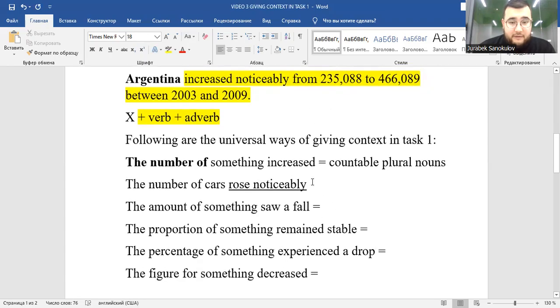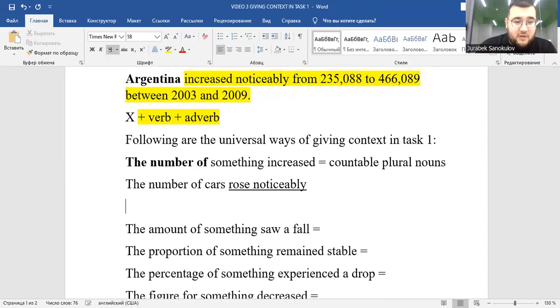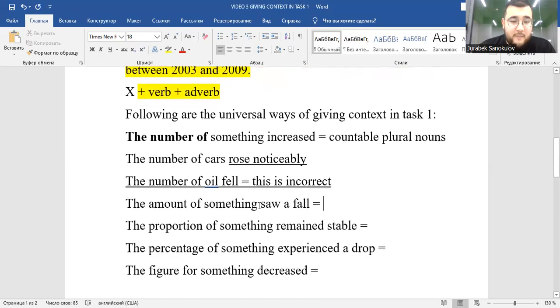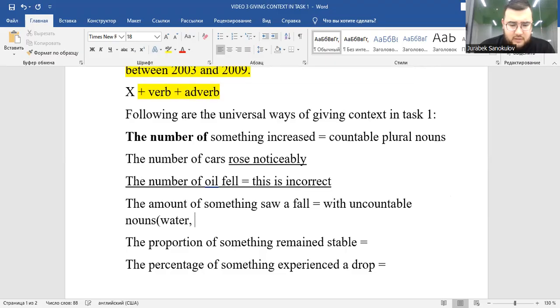So you cannot say this. Therefore, you cannot say the number of oil rose or fell. You cannot say this. This is incorrect. So you can use the amount of something with uncountable nouns, like water, what else?